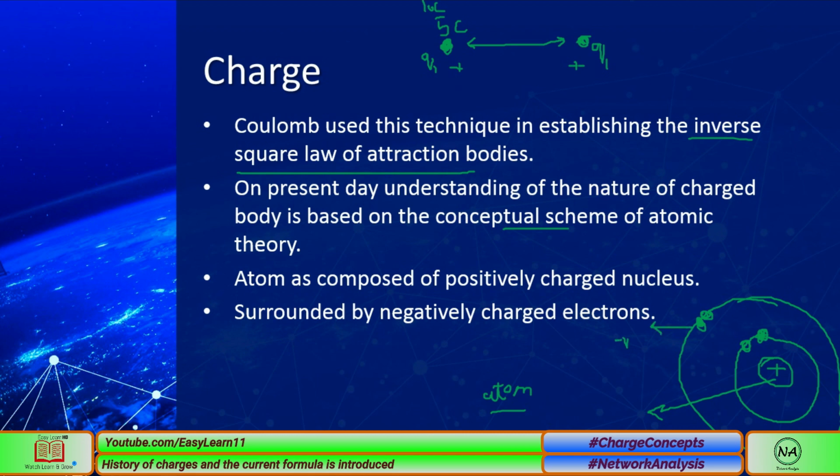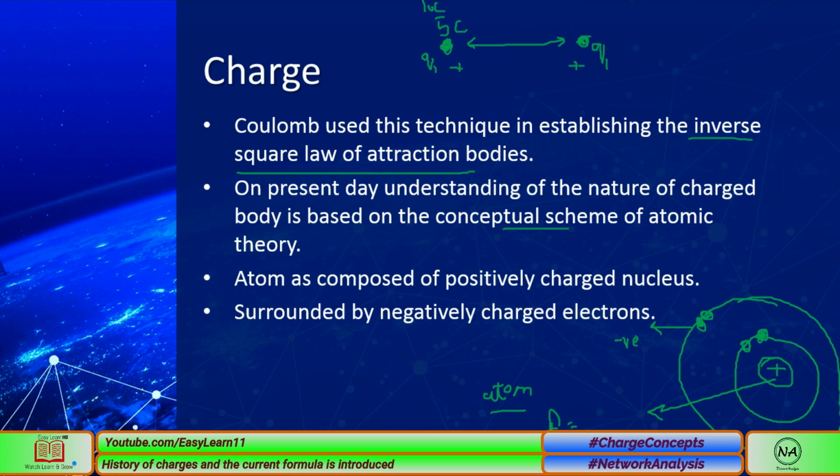The atom is composed of positively charged particles, and these are the electrons, which are negatively charged. Overall, in the atom there are basically protons and neutrons. Remember that N stands for neutrons, and N means no charge.